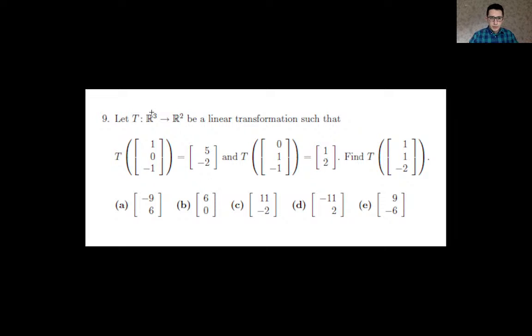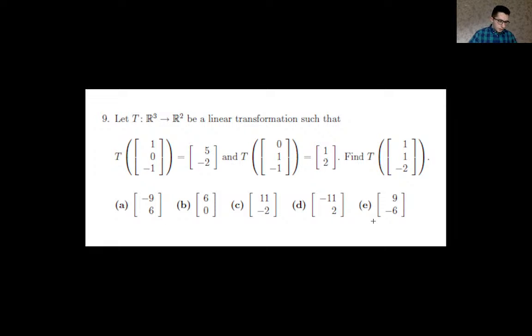So here we have the 3 and 2, indicating that we're converting a 3-component vector to a 2-component vector in some domain. We have to use a linear transformation to solve for T of (1, 1, -2), and we're given these two transformations to use, and we're given 5 options.